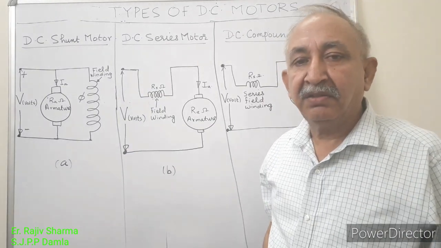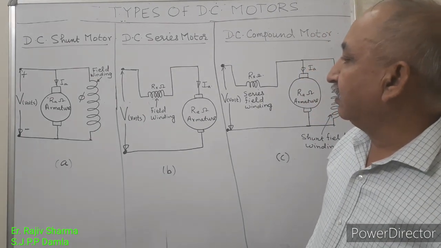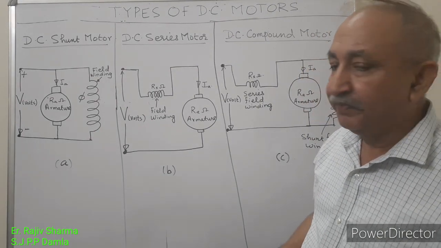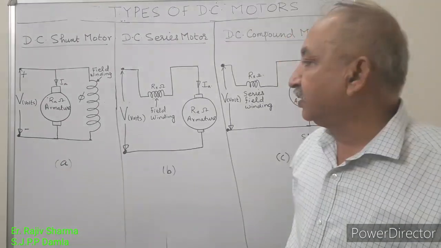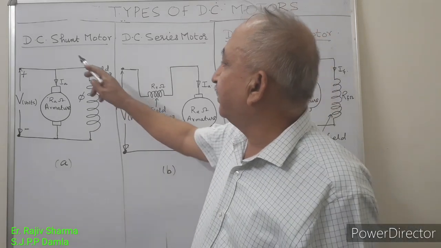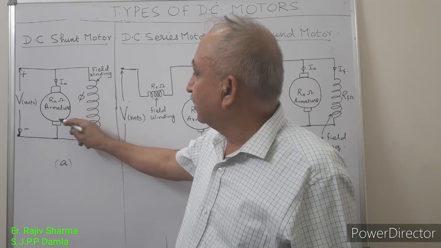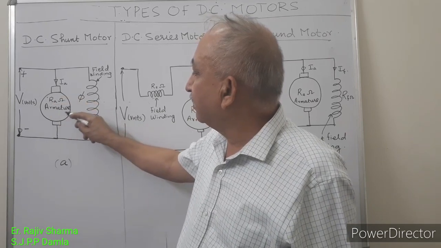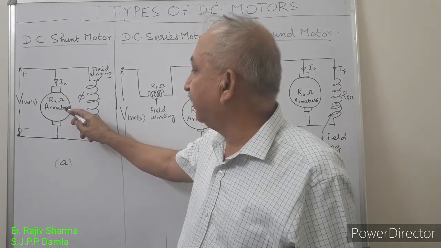Let us now discuss types of DC motors. Before we study in detail, we have simplified the construction of a DC motor. Let us take one example, that is the DC shunt motor. The rotating part of the conductor, which is called the armature, cuts the magnetic field.